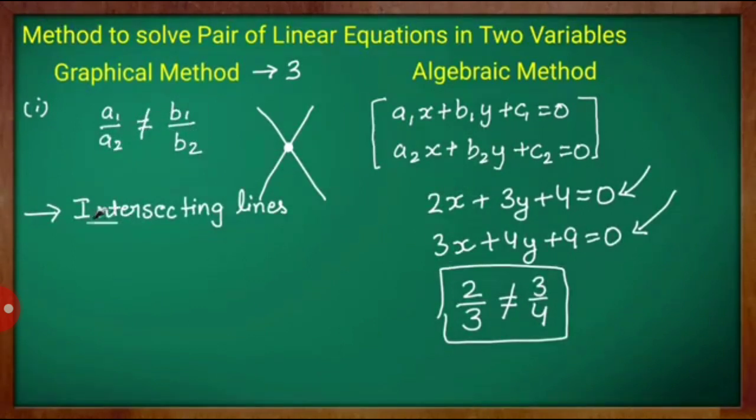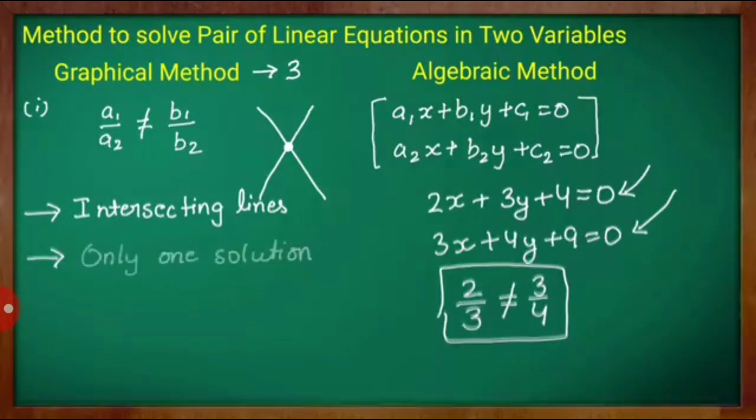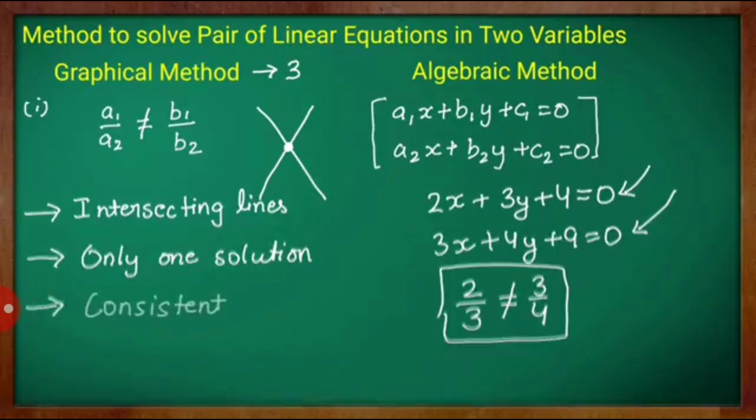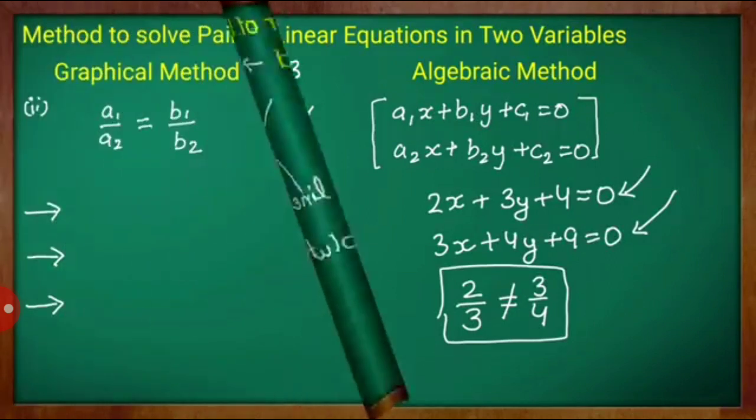So the lines will be intersecting lines, and the solution will be only one. This can be called a unique solution. If any pair of linear equations has at least one solution, they are consistent; for consistent, at least one solution is required.